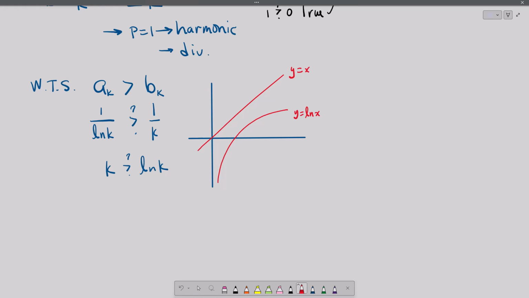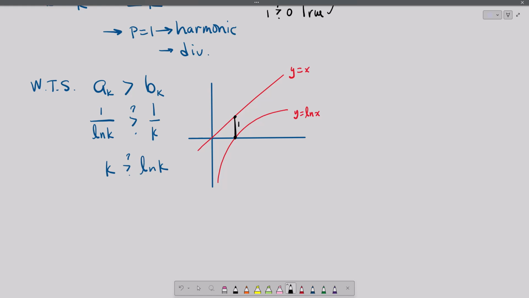If you're in Calc 1 and you wanted to prove it, you would look right here. This is going to be the closest those functions ever are. You would define a function that measures the difference, and then show that that difference is increasing. That will prove to you that k is always bigger than ln k.